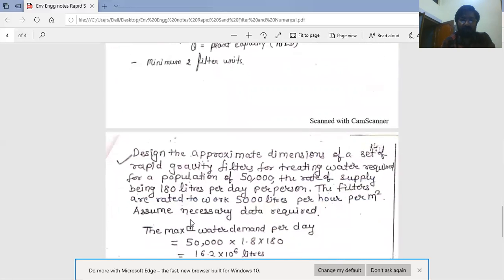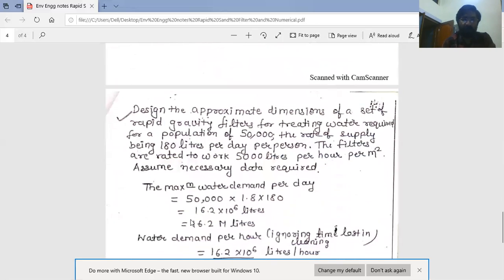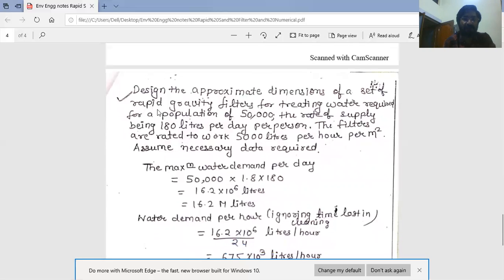Now take a numerical on rapid sand filter. Design the approximate dimensions of a set of rapid gravity filter for treating water required for a population of 50,000.